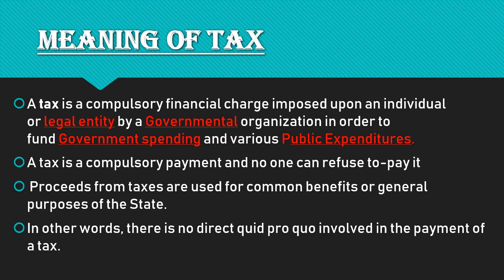One thing you have to keep in mind is that the person who gives tax to the government will not get anything in return directly, but indirectly we get a lot of things like infrastructure, government hospital services, government school services. So it's a kind of expenditure incurred by the government from our tax payment.